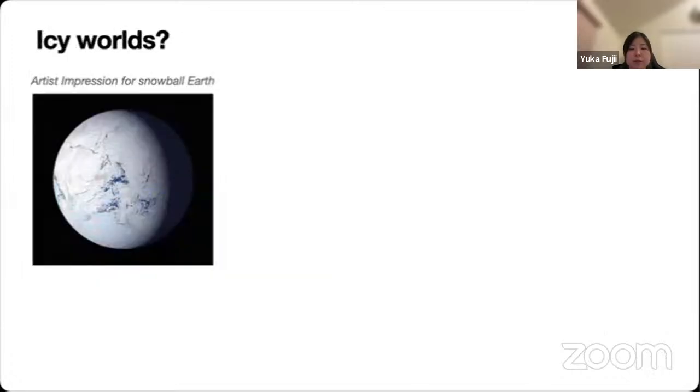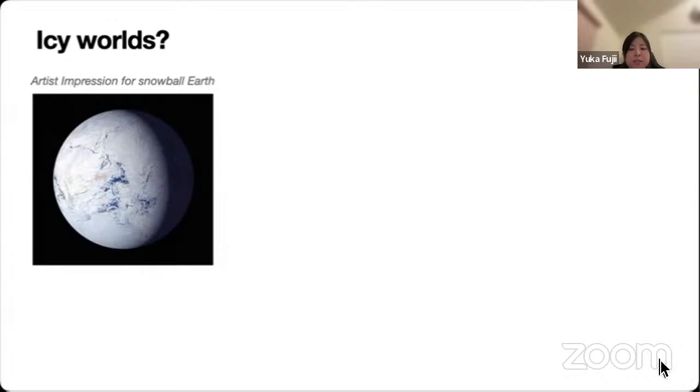So while we have considered liquid water, the other possible state of water world is the snowball state. If the greenhouse gas in the atmosphere is not sufficient, habitable zone planets could be found in such a state. And Earth itself is also thought to have gone through a snowball state in the past.